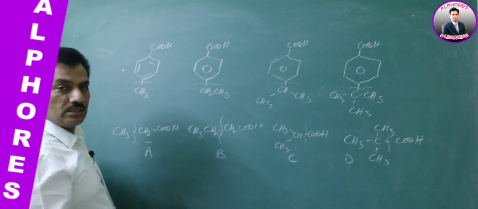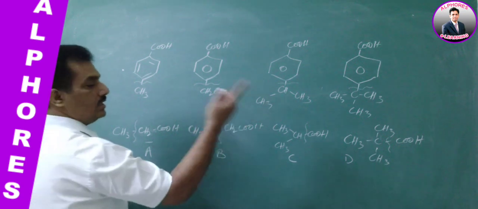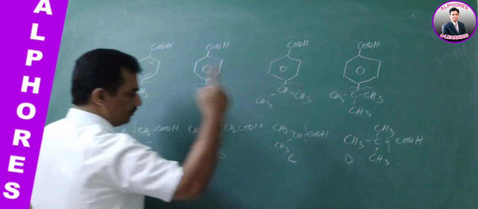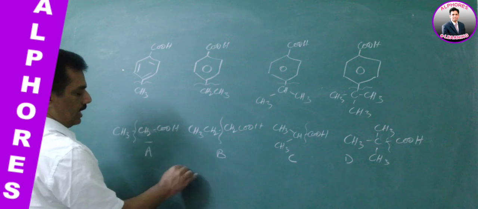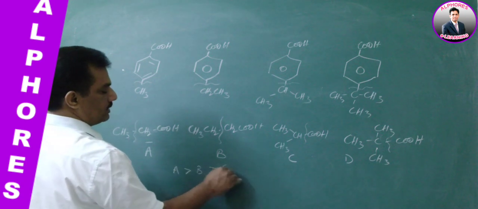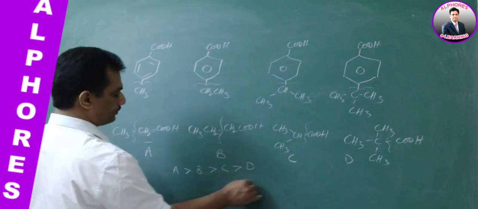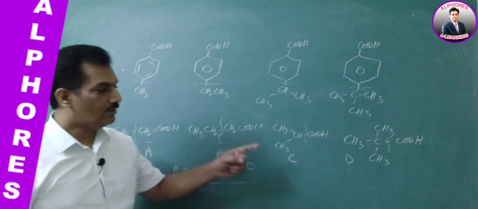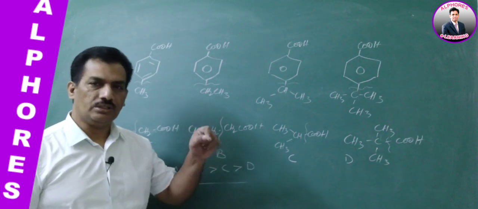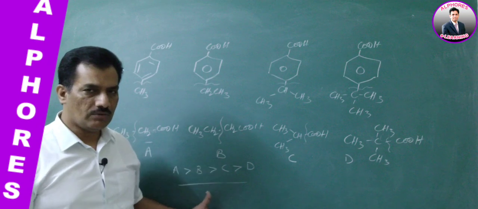Now can we guess the acidic strength? The least acidic strength is with D. So here A greater than B greater than C greater than D. As the inductive effect increases, the acidic strength decreases. Are you clear with this one?